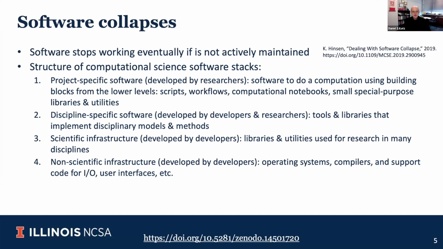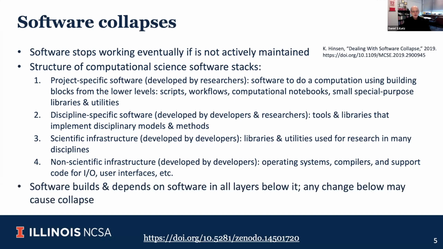And then on top of that, and finally, is the project-specific software. That's the software that's really doing a computation using building blocks from the lower levels. And it's potentially scripts and workflows and also source codes, libraries, and utilities. The challenge here is that the software is really building and depending on software in all the layers below it, and any change below may cause collapse, whether that's the operating system changing or even below that, the hardware changing.